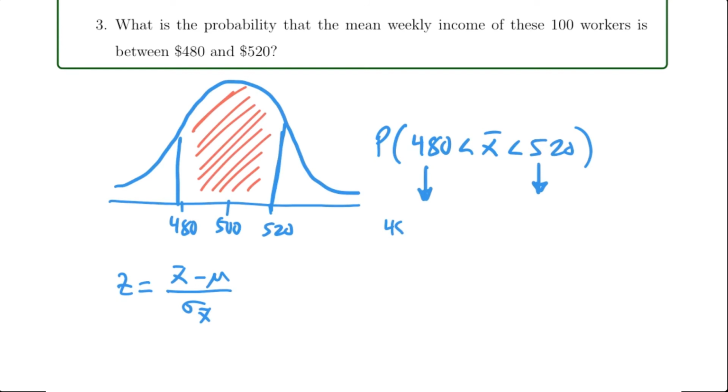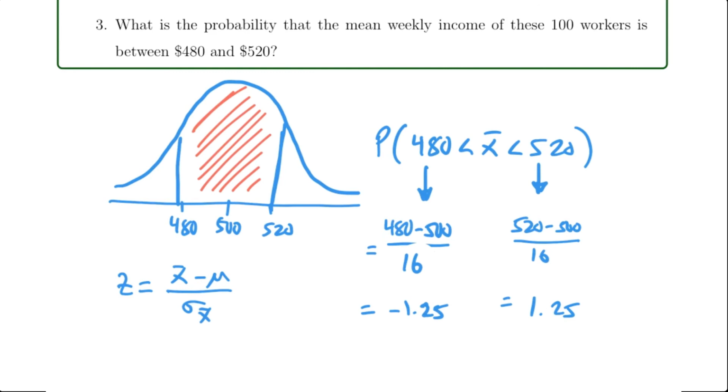So 480 minus 500 over 16 is negative 1.25, and 520 minus 500 over 16 is positive 1.25. So we can write negative 1.25 less than z less than positive 1.25.